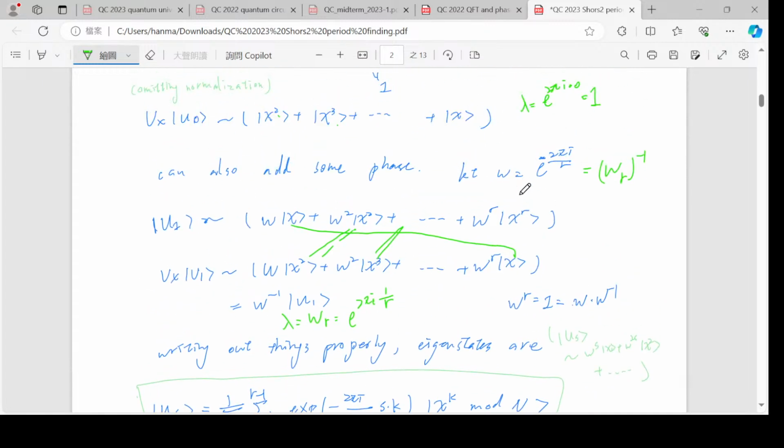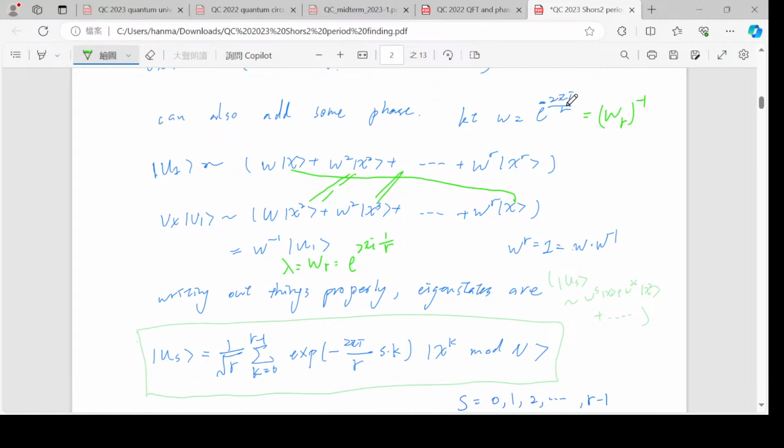This is not omega sub r, this is basically omega sub r minus 1. So we have this omega to the s times k here. And you can see this is very similar to a Fourier transform. So this is like a Fourier transform of a computational basis state.